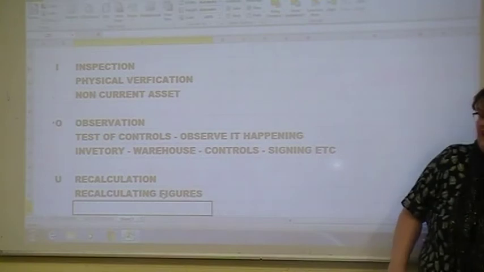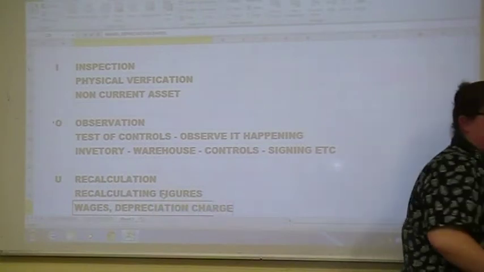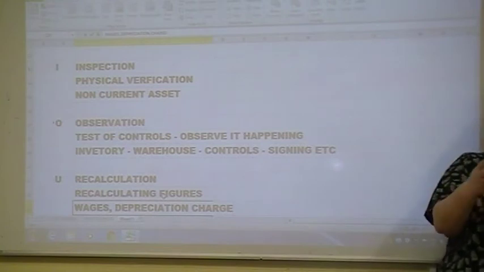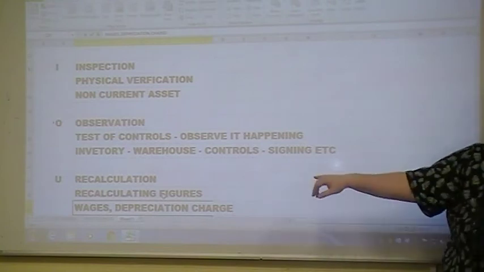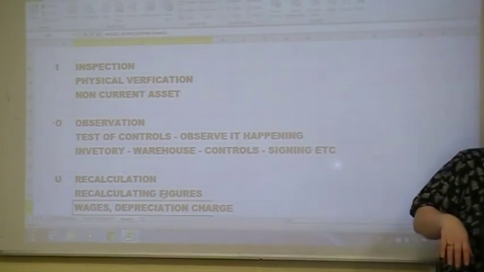We can recalculate figures inside our wages. We could do our depreciation charge and see has it actually been calculated correctly. If you have notes to the accounts where they say they use a depreciation charge of 20%, you could go back into your depreciation in your accounts and see has it actually been calculated at 20%.